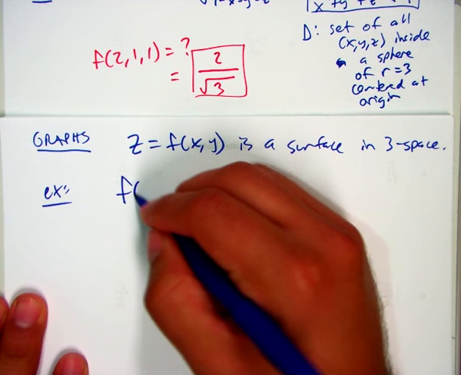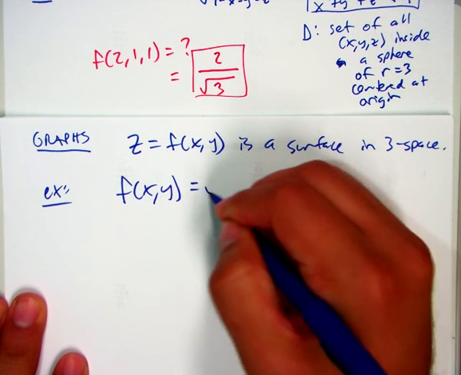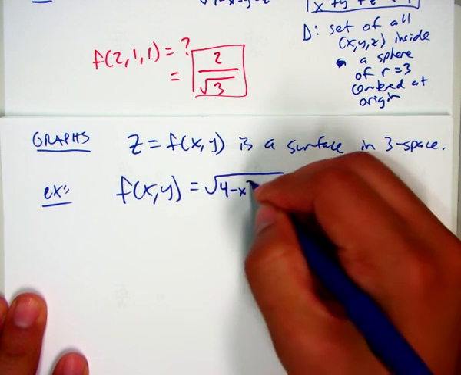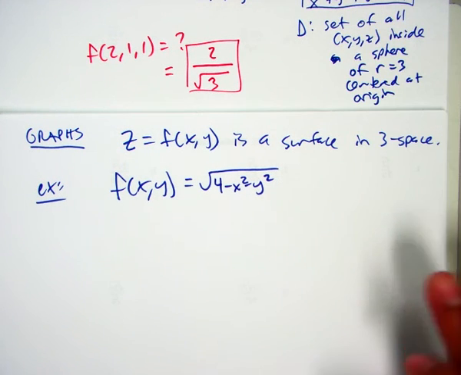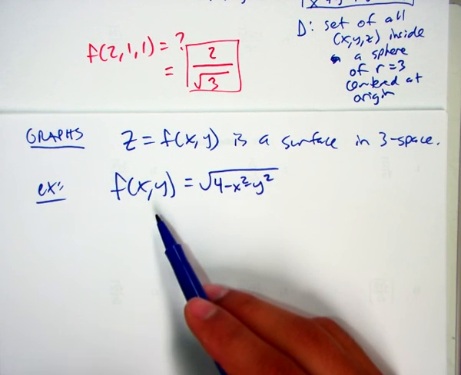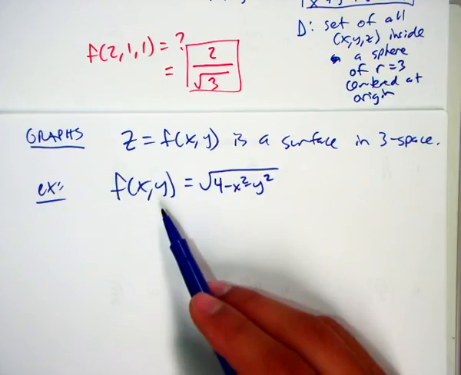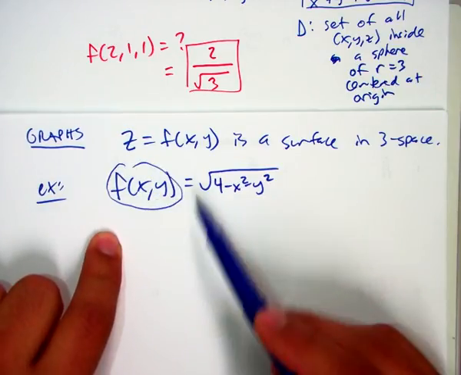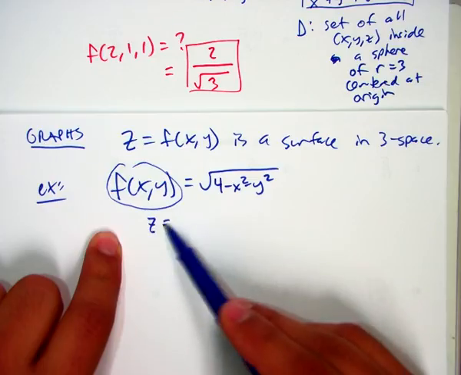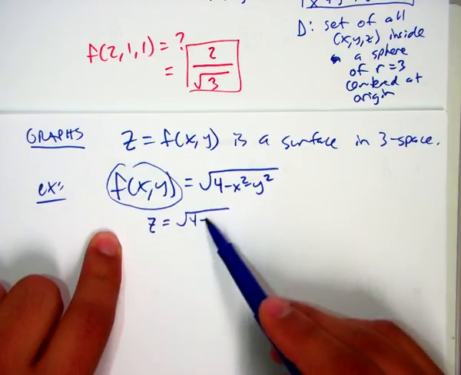So, for instance, if f of x, y equals the square root of 4 minus x squared minus y squared, a great way to think back to the shapes that we talked about graphing is to consider this as what variable here? Z.